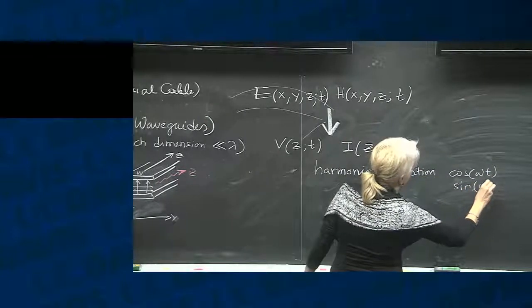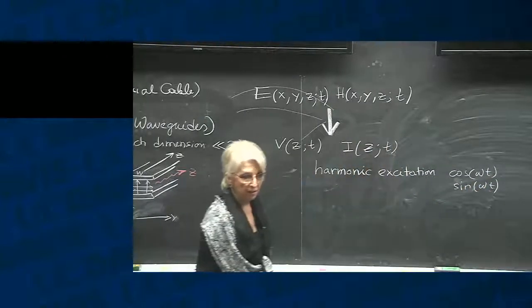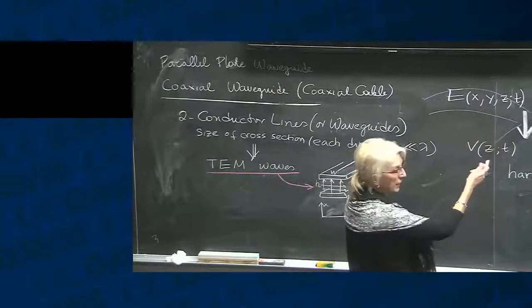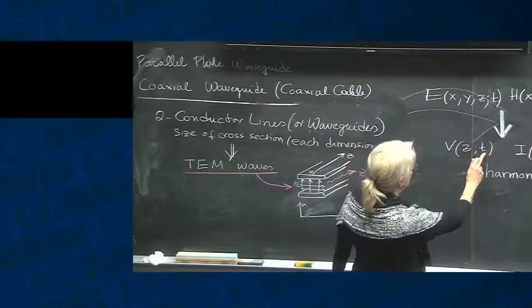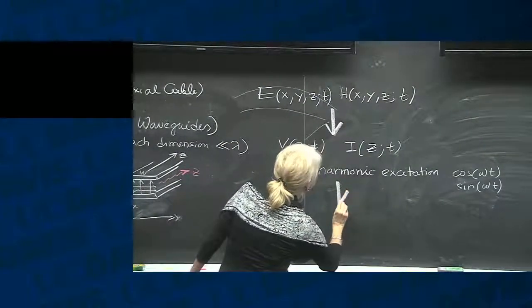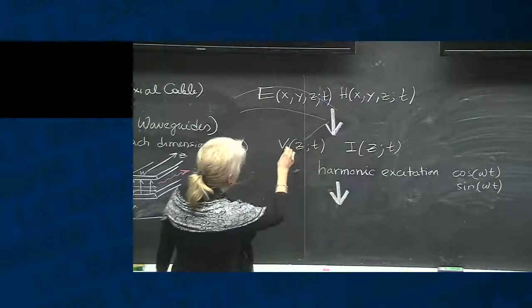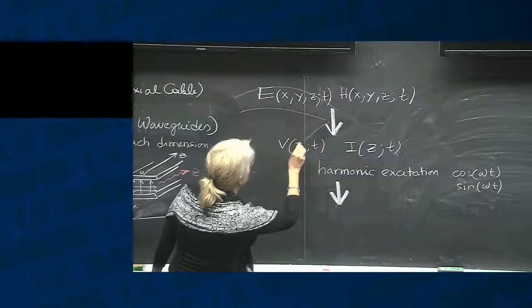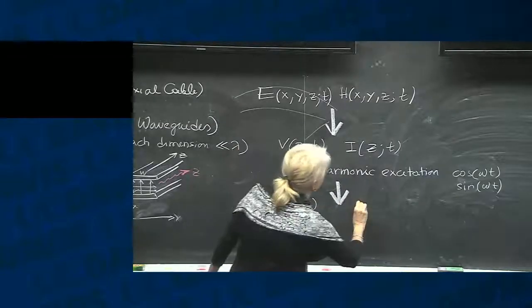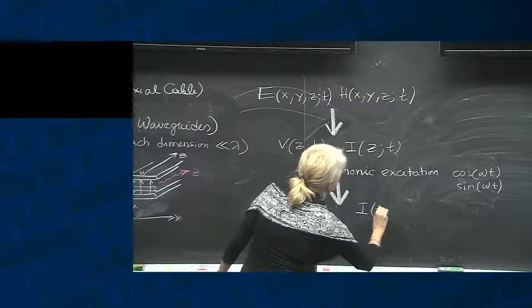The two are identical. They only have a difference in phase. So what does that mean? That from here we are going from the time domain to the phasor domain. One more reduction, where now instead of V of Z and T, we have only a V of Z, and then we have only an I of Z.